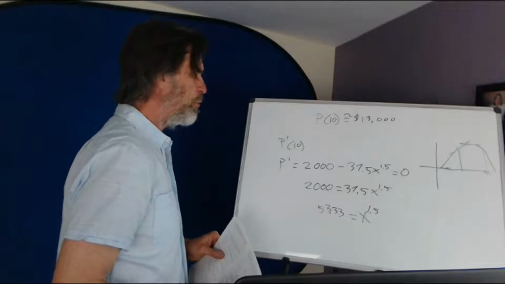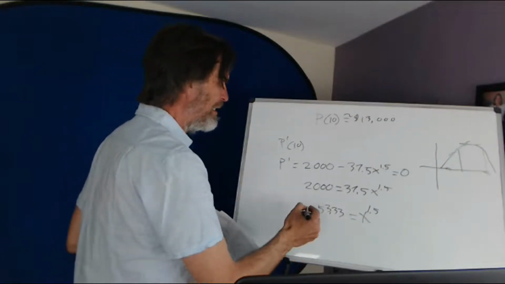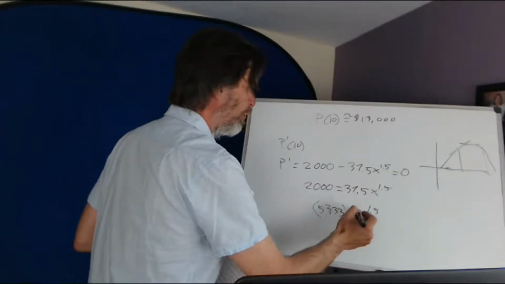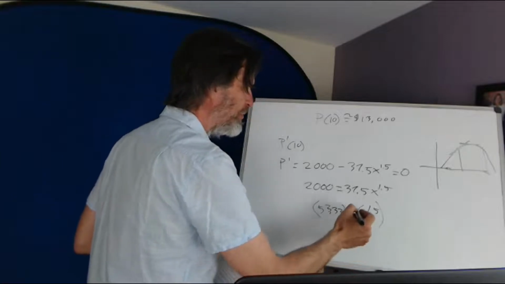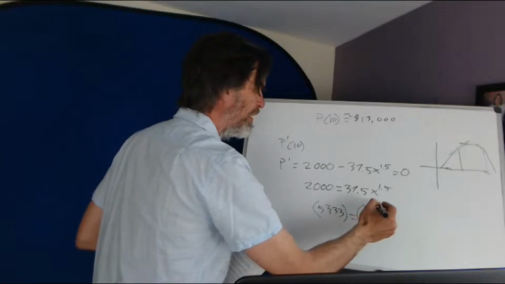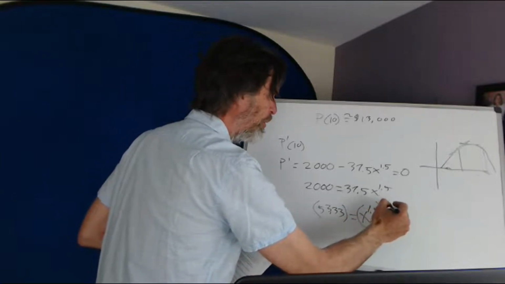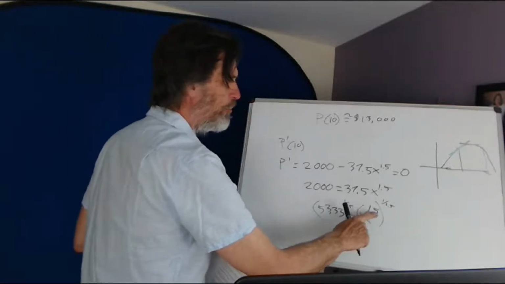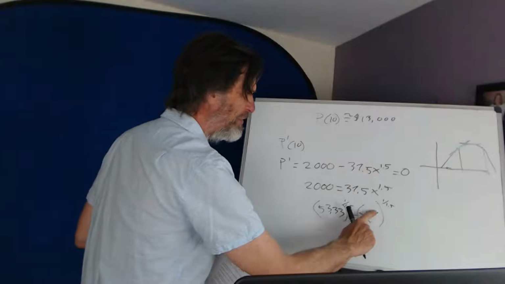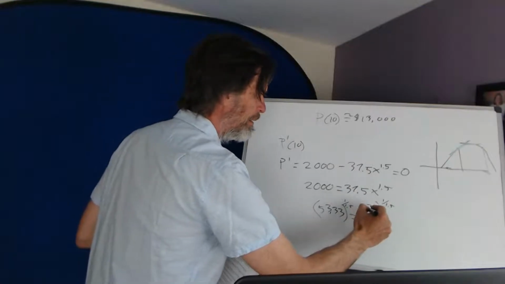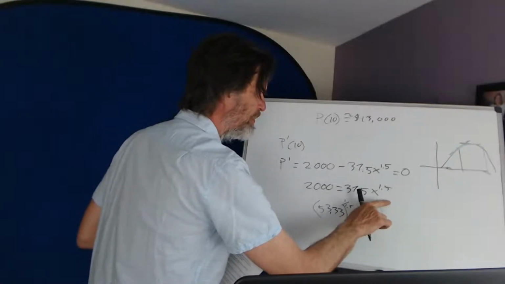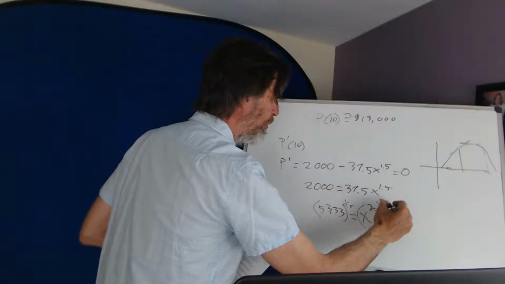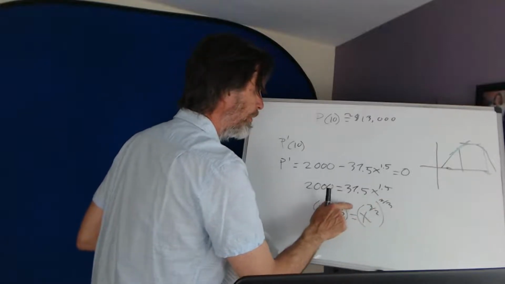And this is x to the 1.5 power. To solve this one, what we'll do is take this to the reciprocal of 1.5. So either 1 over 1.5, or you could realize that this is 3/2 and take both sides to the 2/3 power.